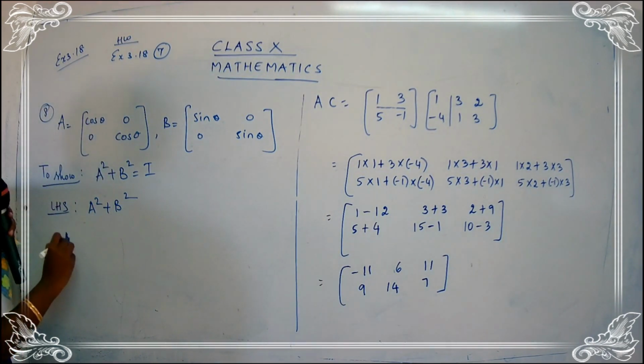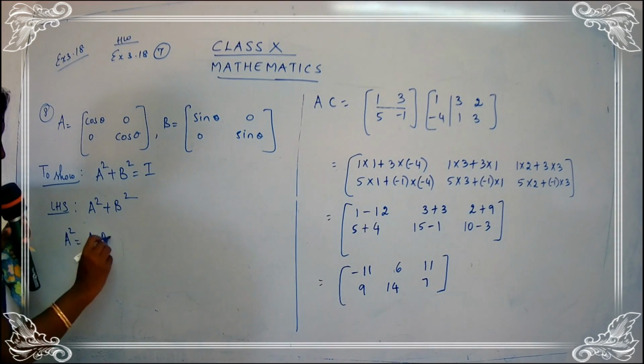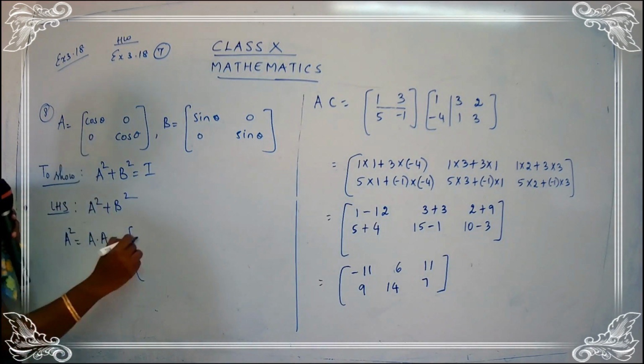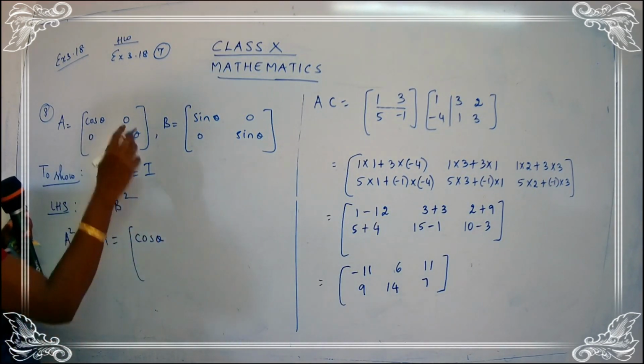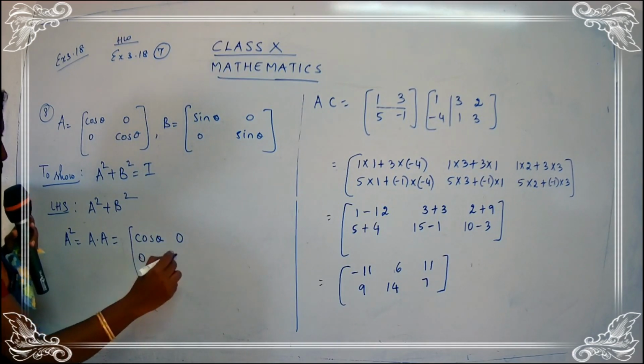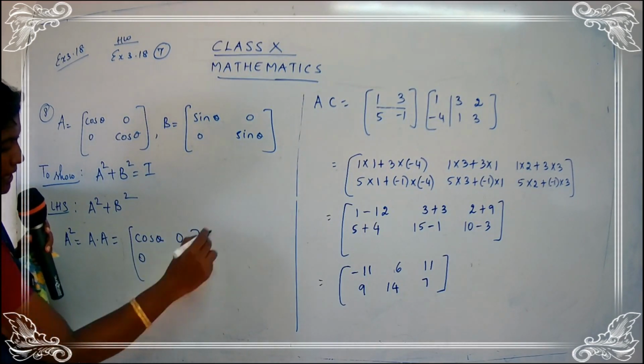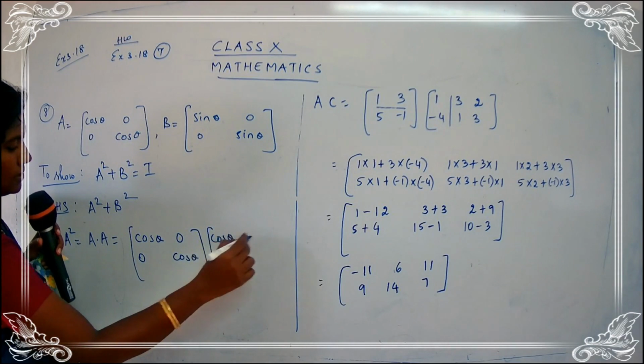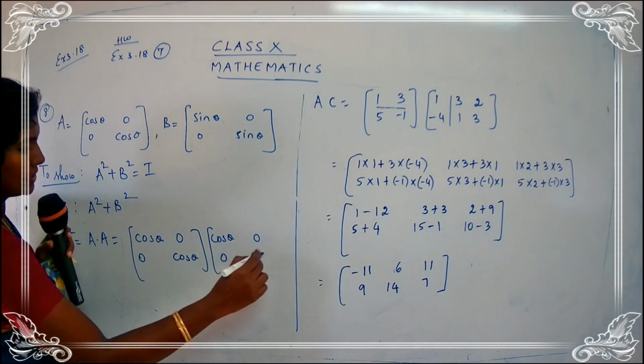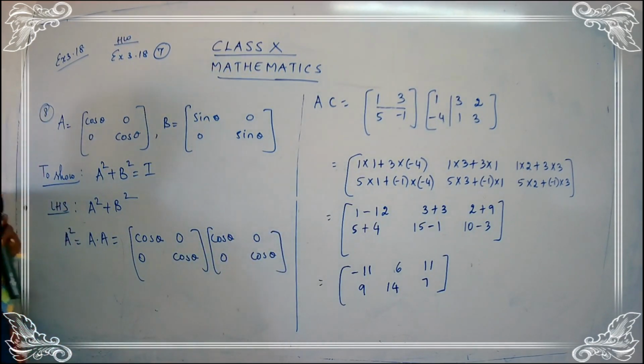A square is equal to A into A. What is A? Cos theta, 0, 0, cos theta. Again, cos theta, 0, 0, cos theta. Getting my point, children? Yes, so you are going to write the matrix again. A square means 2, that means you are going to write A 2 times.